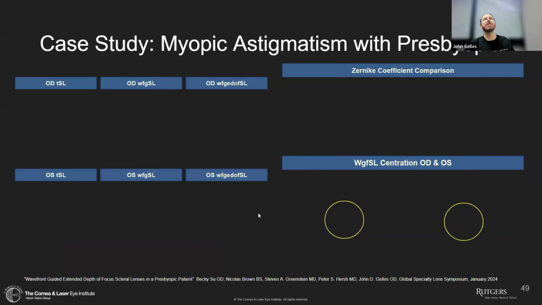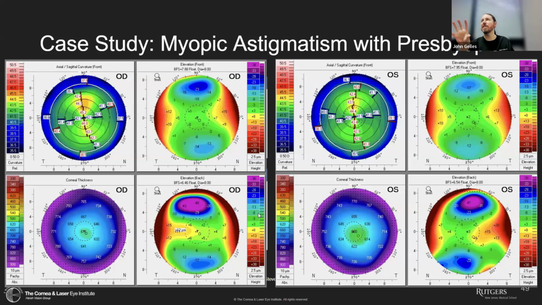When we do this with the Ovitz system, because we have those fiducials on the lens, we know exactly where the lens is on the eye in relationship to the line of sight. So we can put the optics directly where we need them.